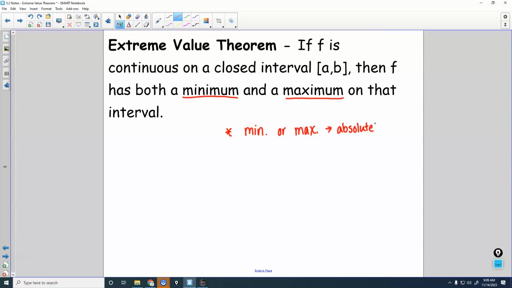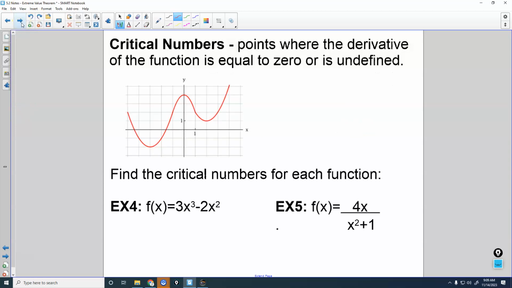If it's asking for a relative maximum or minimum, which we will talk about more in the sections to come, it will always say relative, or it will ask what kind of maximum or minimum you have there, or it might use the word local. Today we're mostly going to focus on absolute.